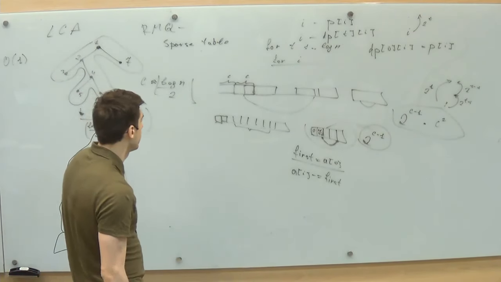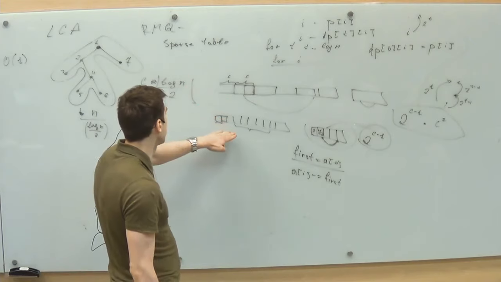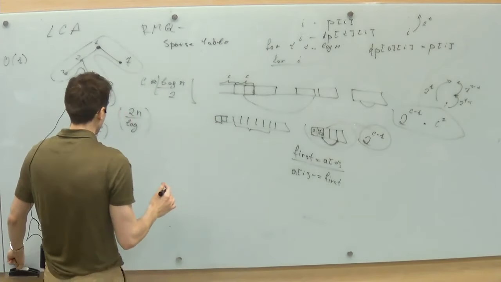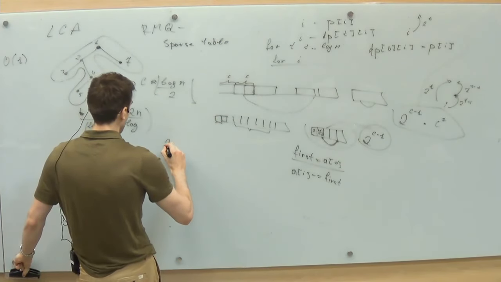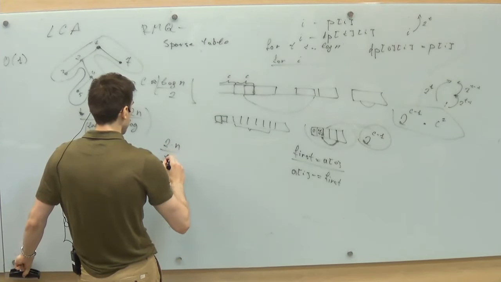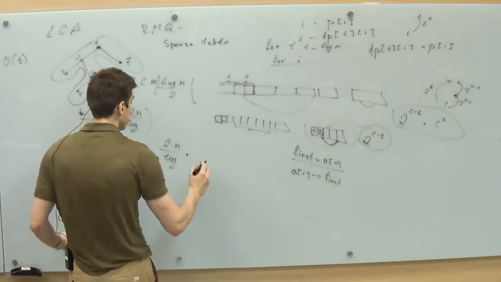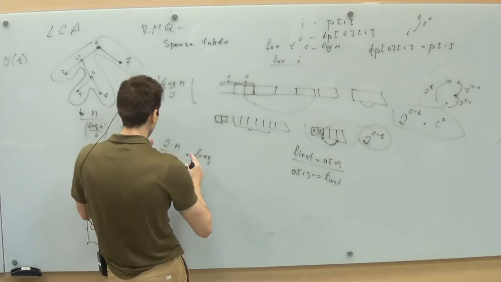Okay, let's calculate what the sparse table would cost for this array. It's just this number multiplied by log of this number.